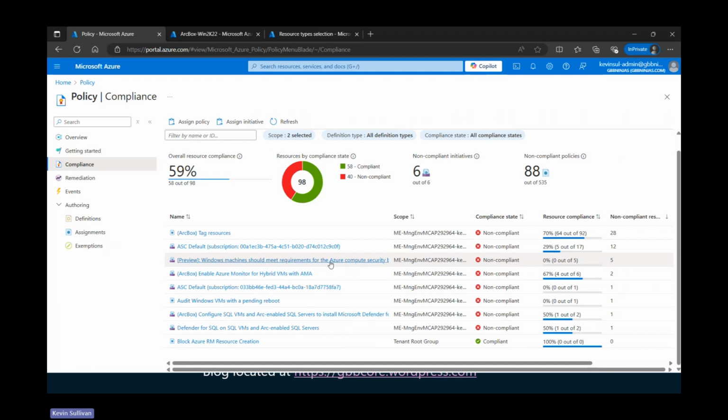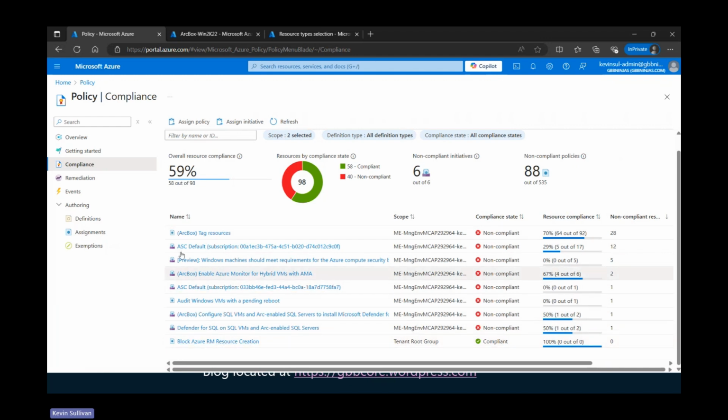I'm 0 for 5 on the machines that I'm targeting, and there's many reasons why, and I can dig in and find those out in that audit only policy. And then I also have this one that does tagging. So basically I apply the tags that I want to enforce so that I can search for things and bill appropriately internally based on those tags, and make sure that they're there. So there's a lot of things.